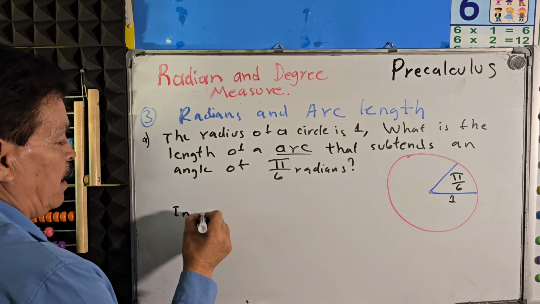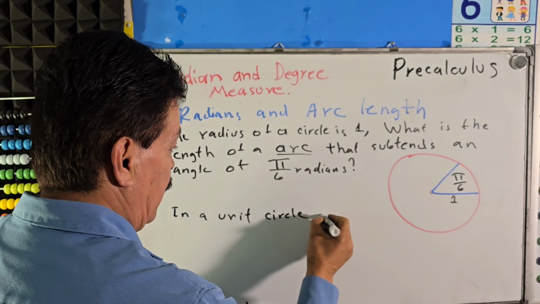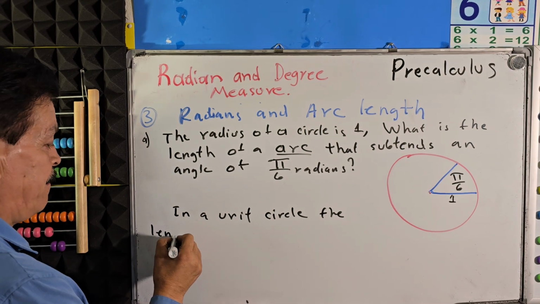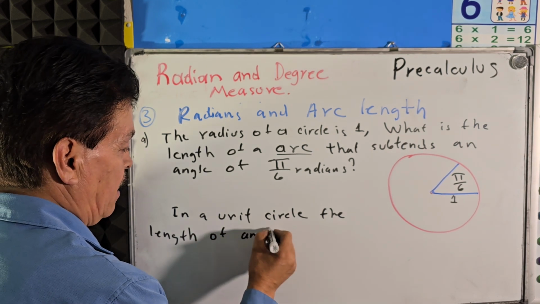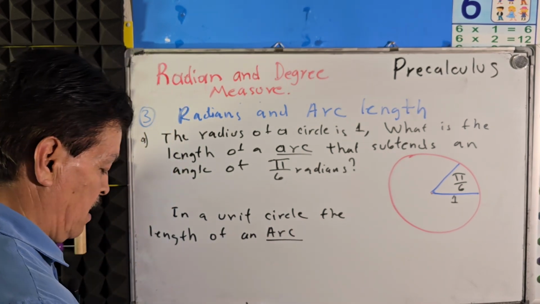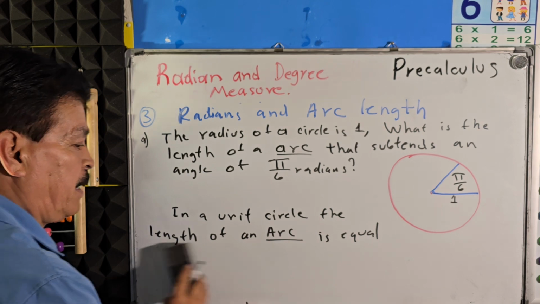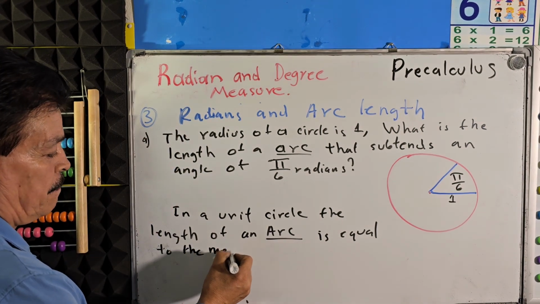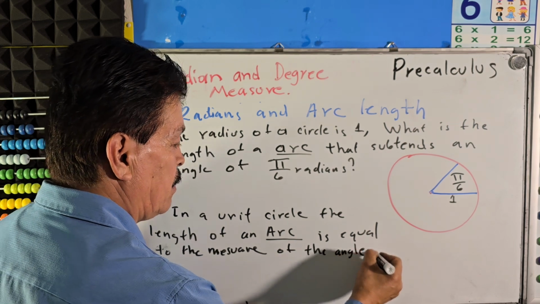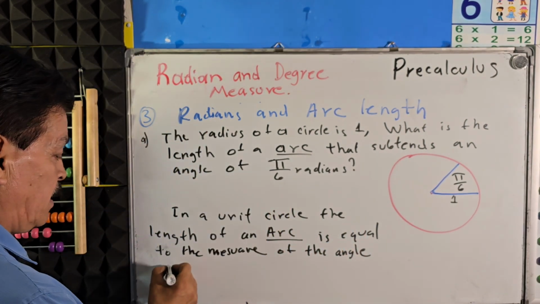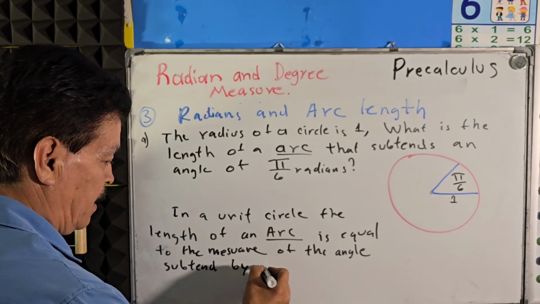In a unit circle, that's very important, the main idea: the length of an arc is equal to the measure of the angle subtended by the arc.